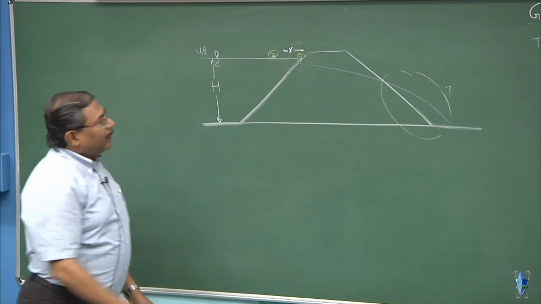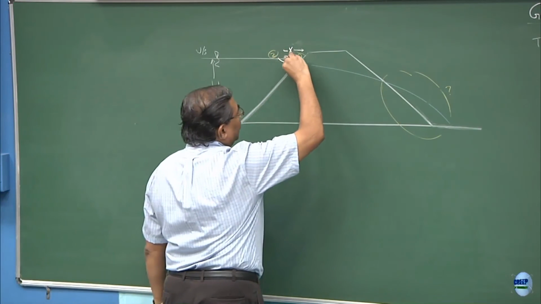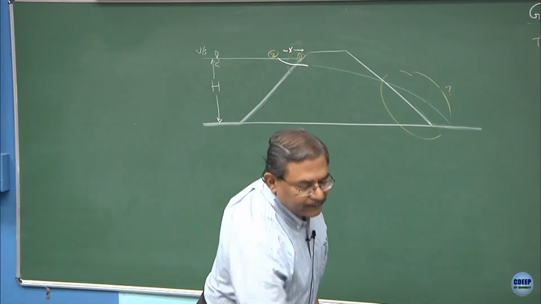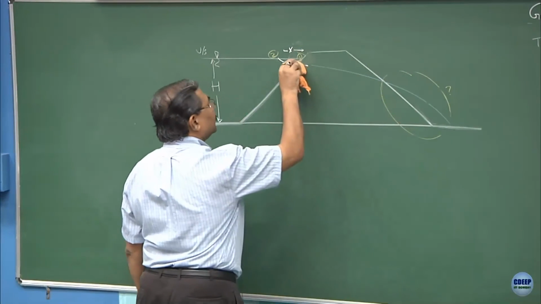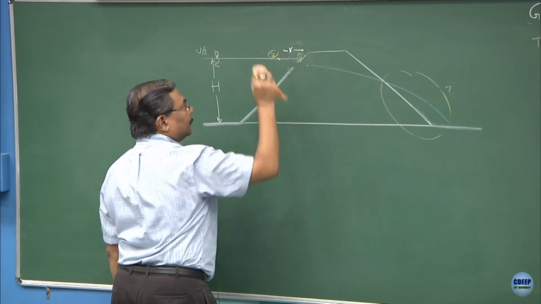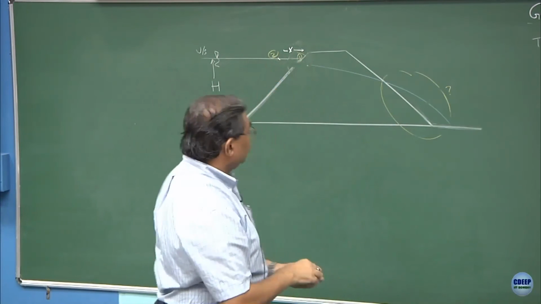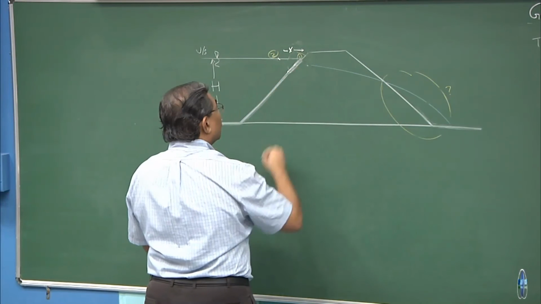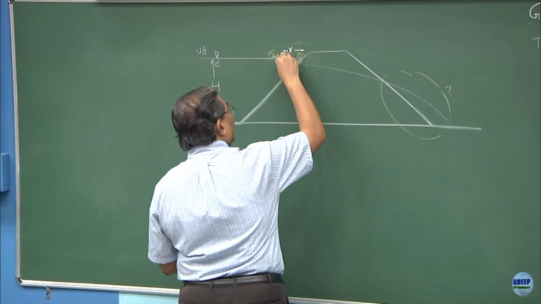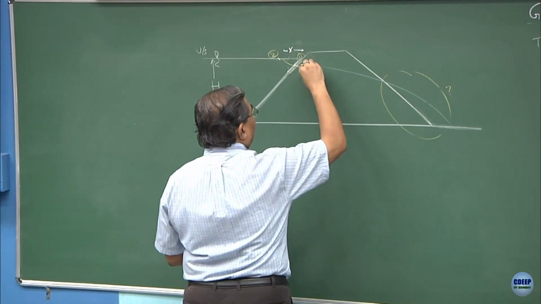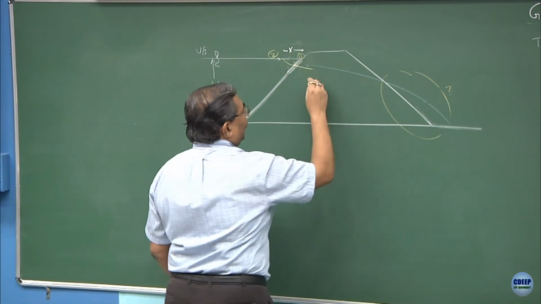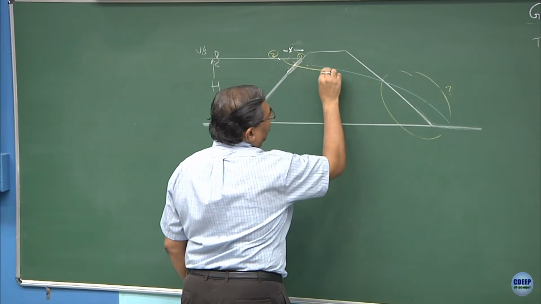So, the top phreatic line would start like this. Okay. Now this is near perpendicular. Then what will happen? This will go further down.